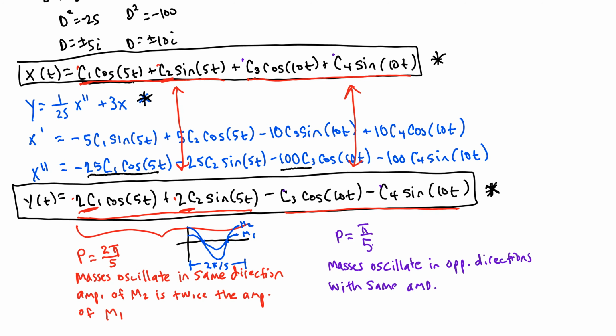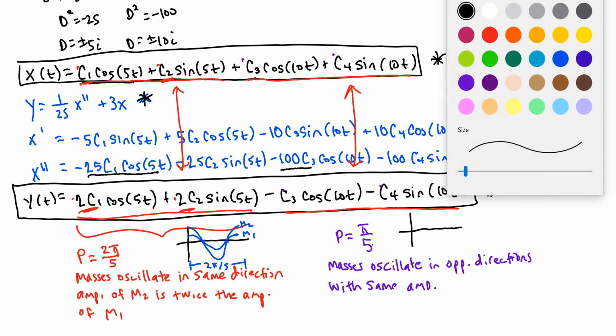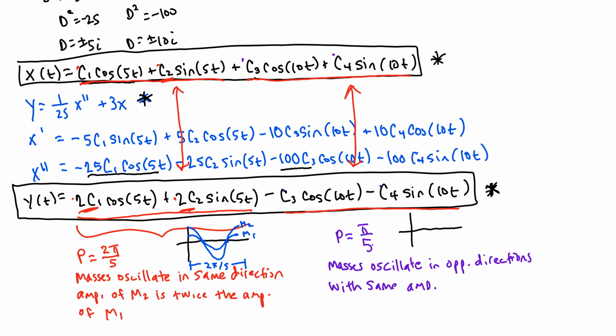So if we make a quick visual of what's going on here, the masses are oscillating with, again, the same amplitude, but in opposite directions.